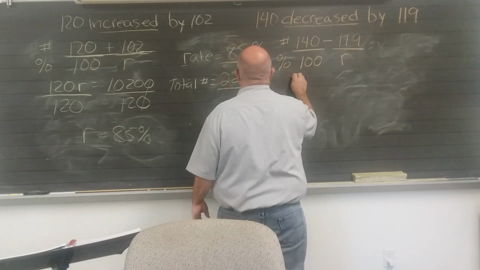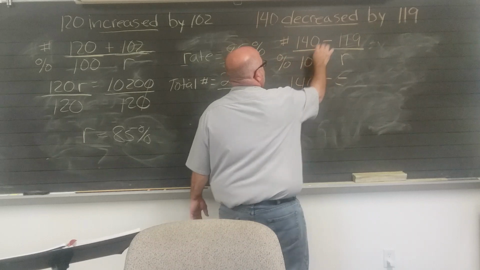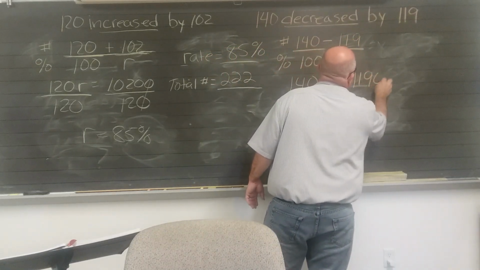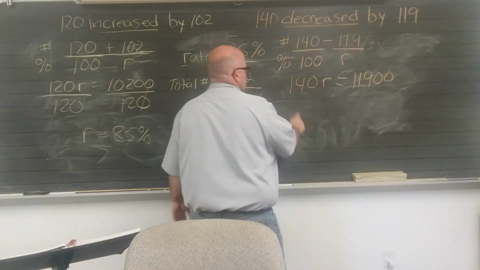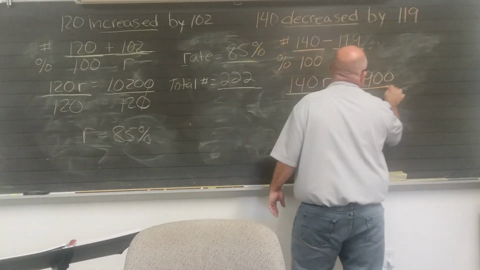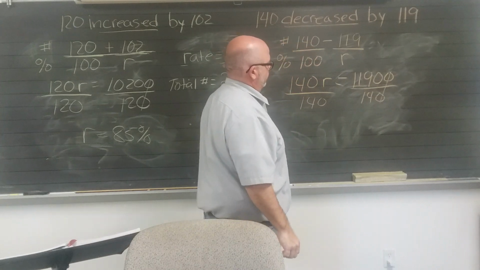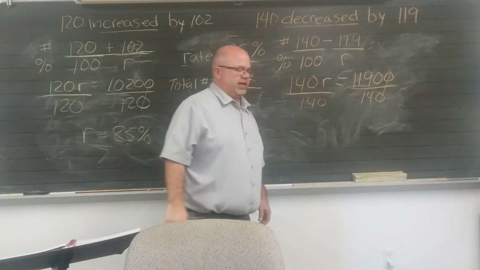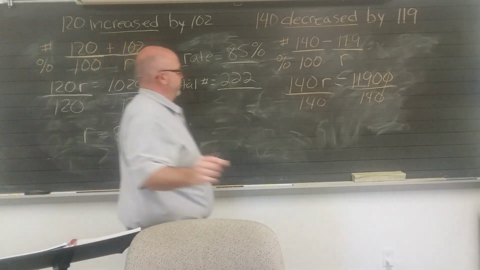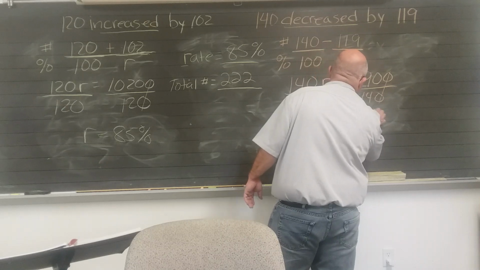So you have 140R equals 100 times 119. 119 with 2 zeros. All right? Divided by 140. Tack 2 zeros off, or 1 on each. 1,190 divided by 14 is, again, in this case, R equals 85%.